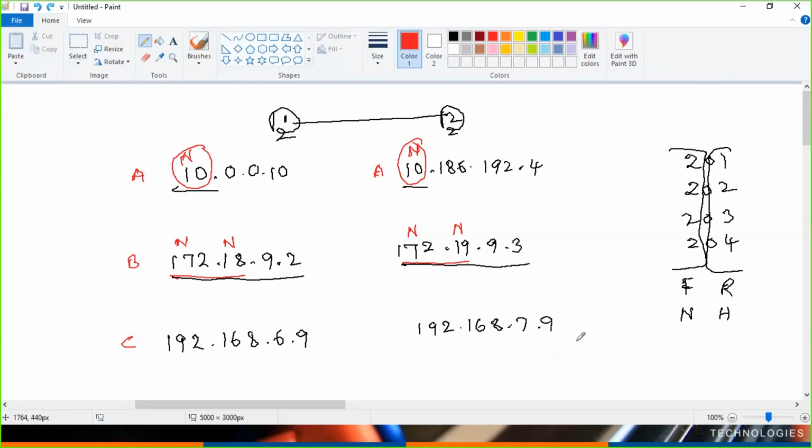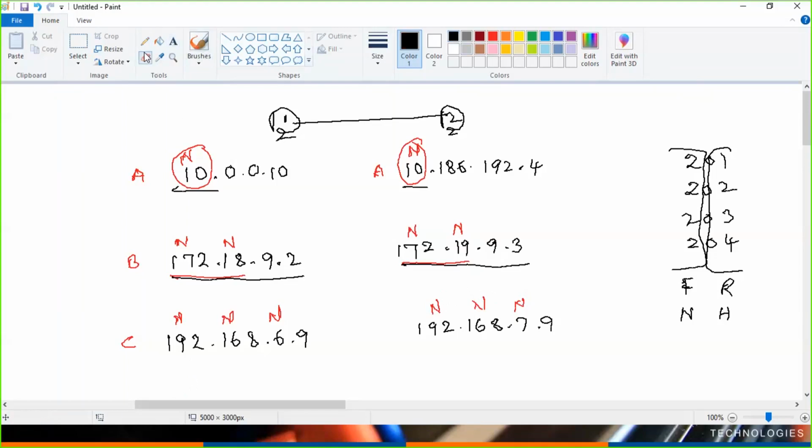The network portions are different. For class C, we focus on the first three octets: network, network, network, host. So 192.168.6 here and 192.168.7 here are different network portions. Will they communicate? No.